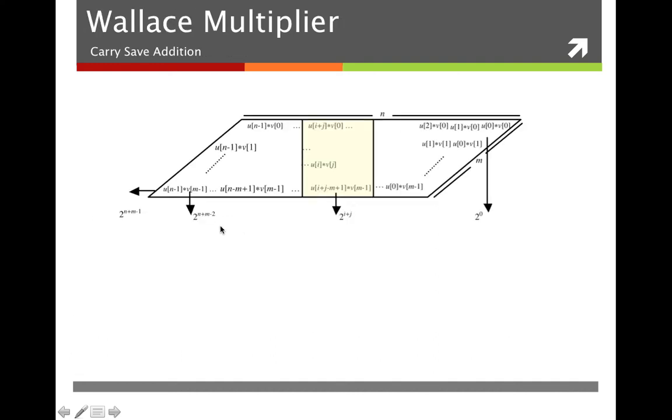So effectively, you have this trapezoidal shape here, where a given column has all the products of bits that are in the same weight position, like i plus j or n plus m minus 2, etc. You can take 3 of these at a time and produce 2 things out of each.